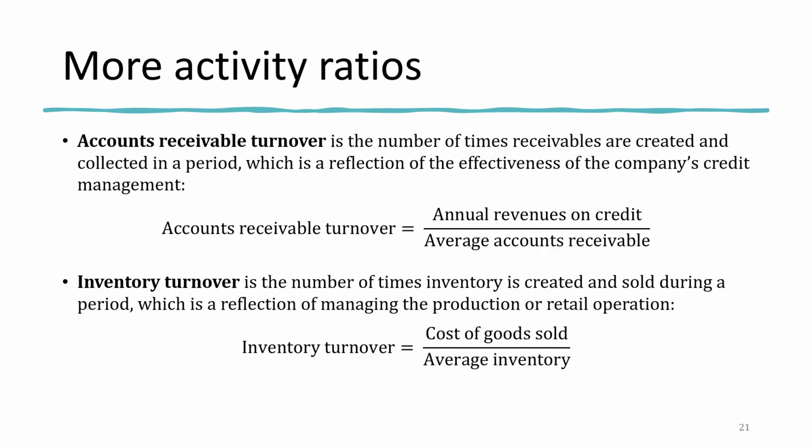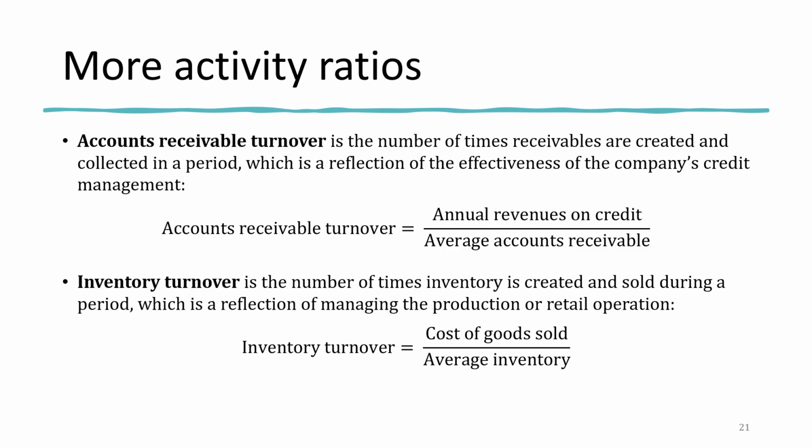For example, if you give your customers terms saying you must pay within 30 days, and you find that the accounts receivable turnover is such that they're not paying within 30 days, that is, the receivables turnover is less than, say, 12, then you need to look at the collection policy and the credit policy of the company.